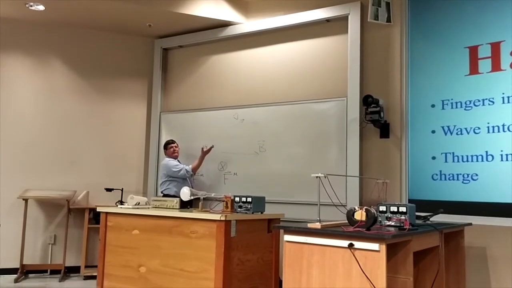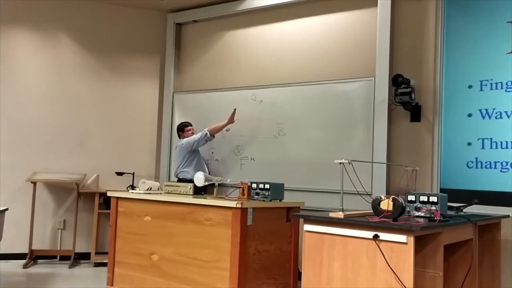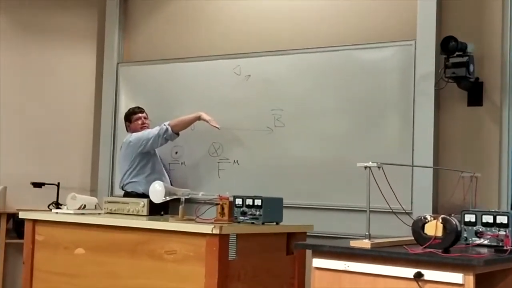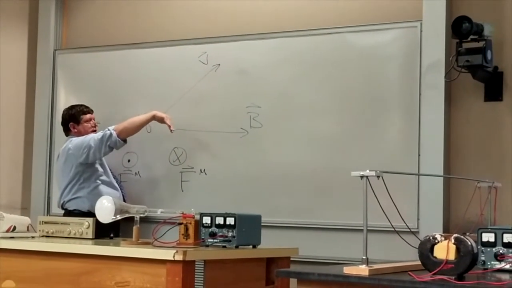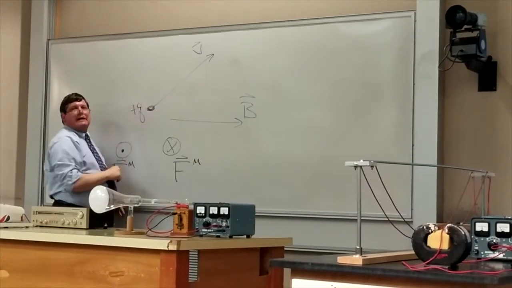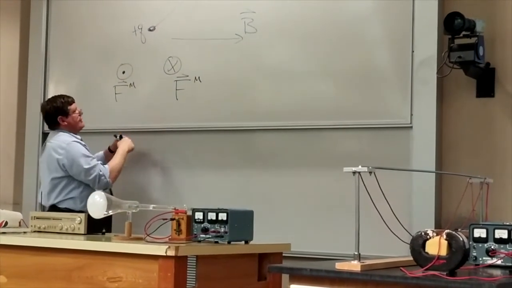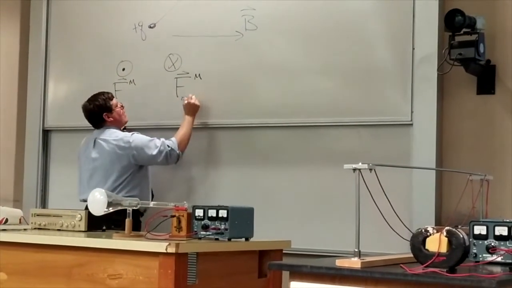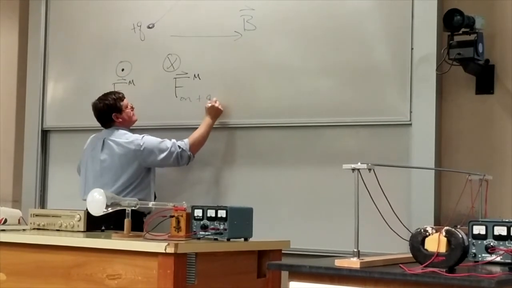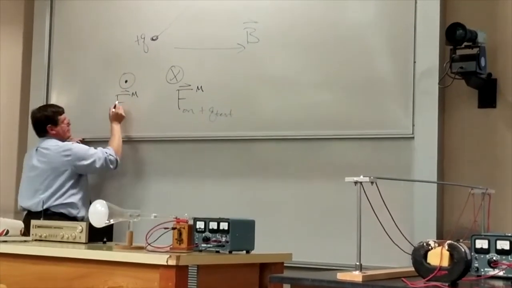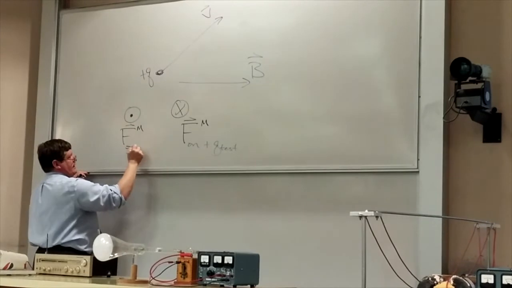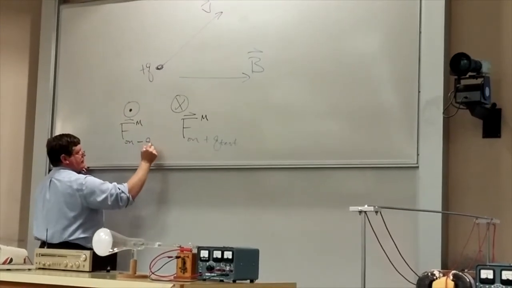Don't hurt yourself, okay? Turn your wrist and wave in the direction of the B field. Your thumb is in the direction that a magnetic force would act on a positive charge. So this would be the force on a positive test charge. This would be the direction of the force on a negative test charge.